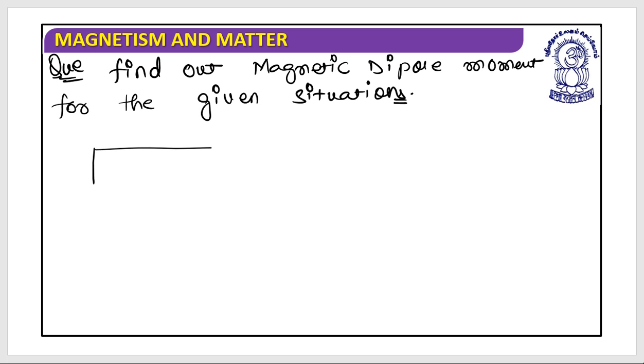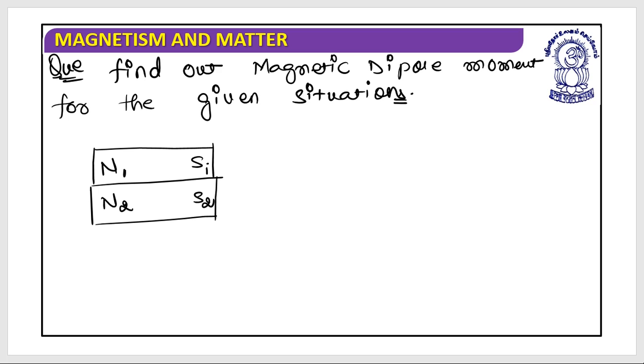Let's suppose one bar magnet has been kept over here. It's a north pole, it's a south pole, and let's denote it as N1 S1, and this is N2 S2. So I need to find out the magnetic dipole moment for the given situations.